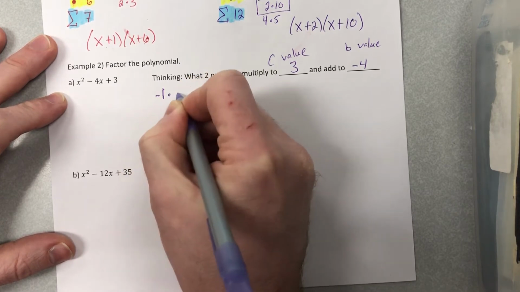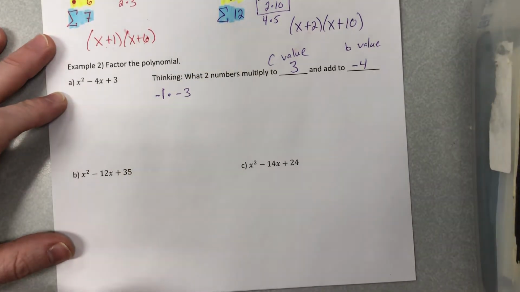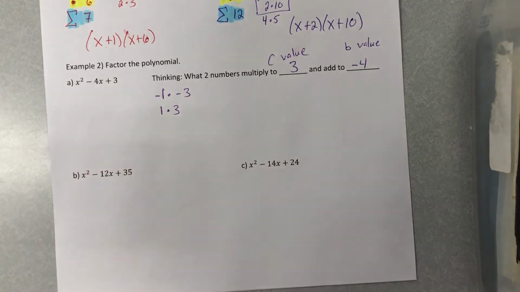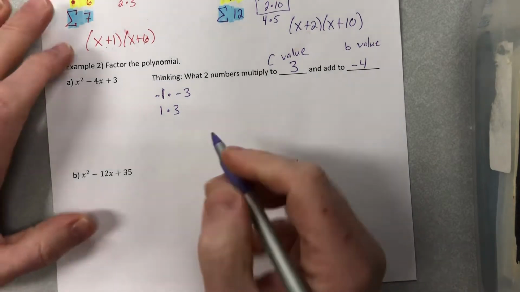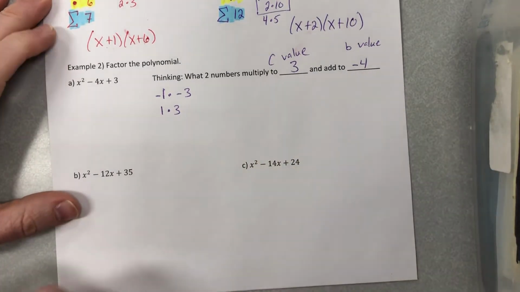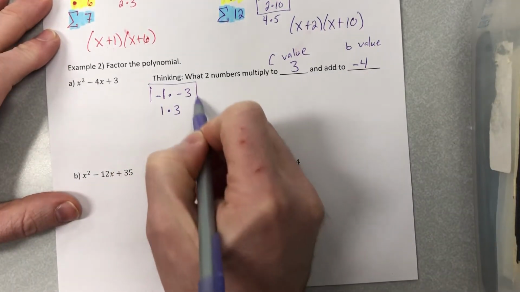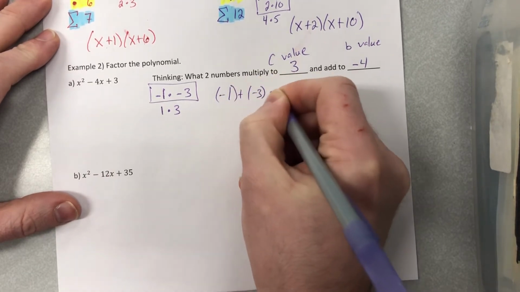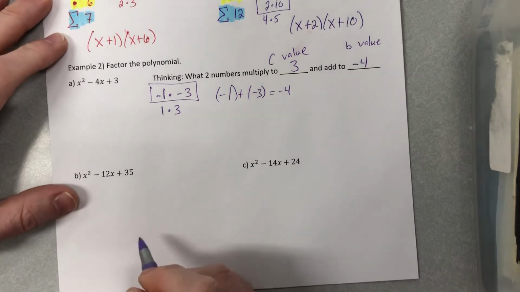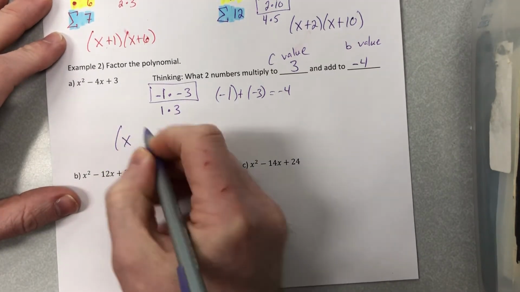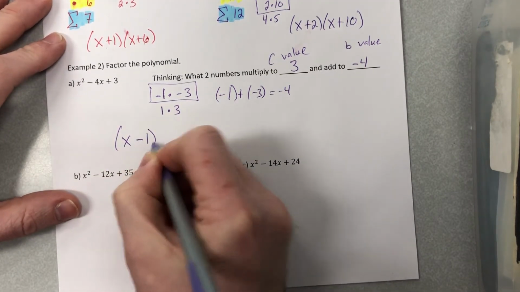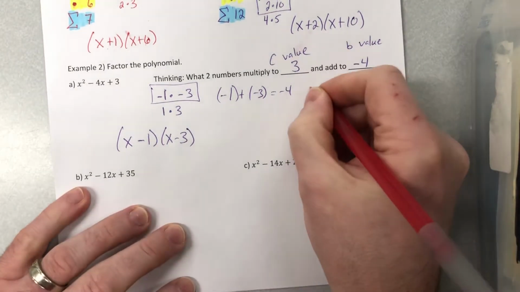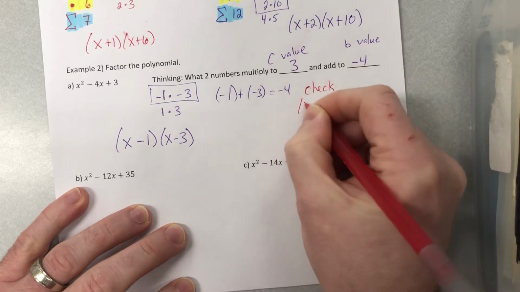Negative 1 times negative 3, and 1 times 3. Well, now I need to think which ones are going to add to negative 4. Negative 1 plus negative 3 equals negative 4. So our parentheses here would be x minus 1 and x minus 3.